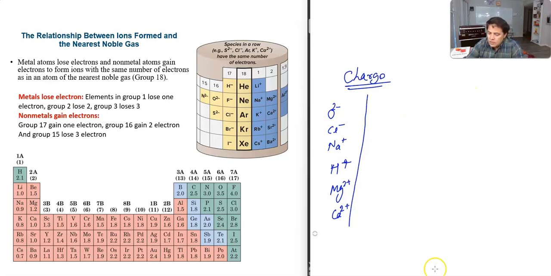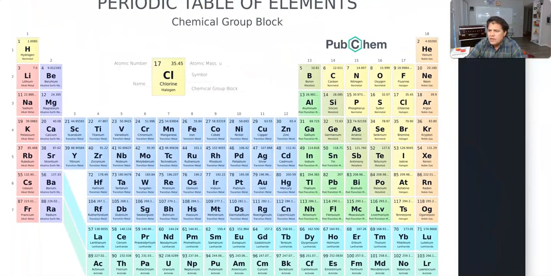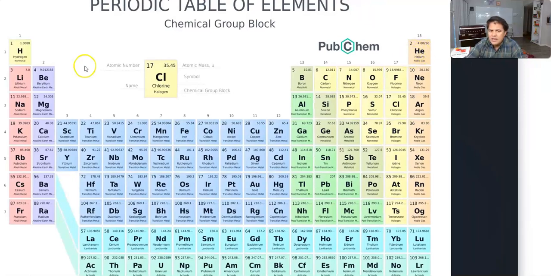Now let's go to the periodic table. Look at hydrogen. Hydrogen's atomic number is 1, and the closest inert gas is helium.